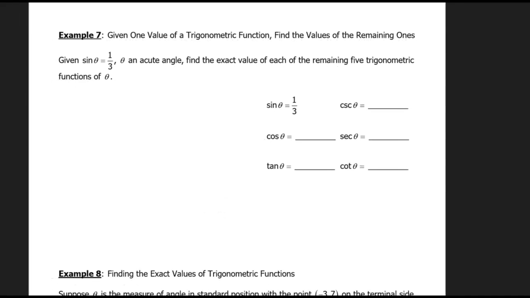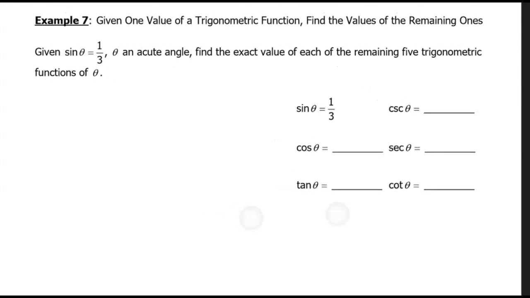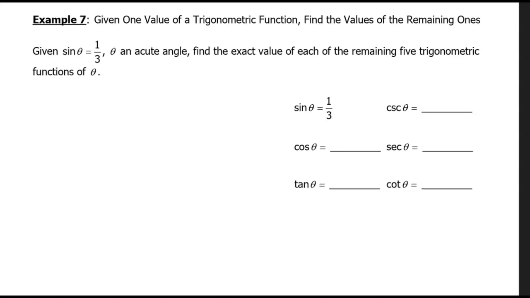Sometimes they'll ask us to go the other way. Instead of giving us a triangle, they will give us one of the trig ratios and ask us to find the other 5, which again, I hate this because why do we need to do it? Just more practice. So, if you're confused on what the 1 and 3 represent, what do you think you should try to do first?